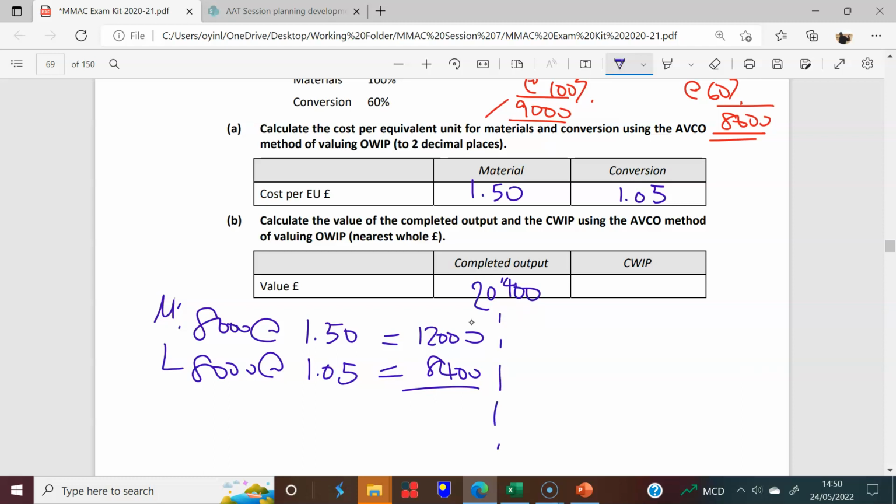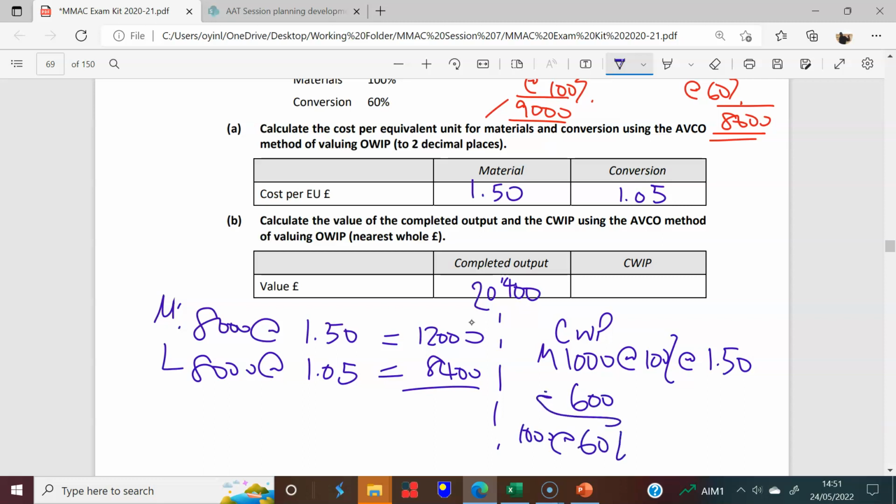And in terms of my closing work in progress, I have 1,000 units that are 100% complete for materials, so that's 1,000 at £1.50. But in terms of labor, remember I have 600 equivalent units, which is really 1,000 at 60%. So you have 600 at £1.05. We can only value these per equivalent unit.